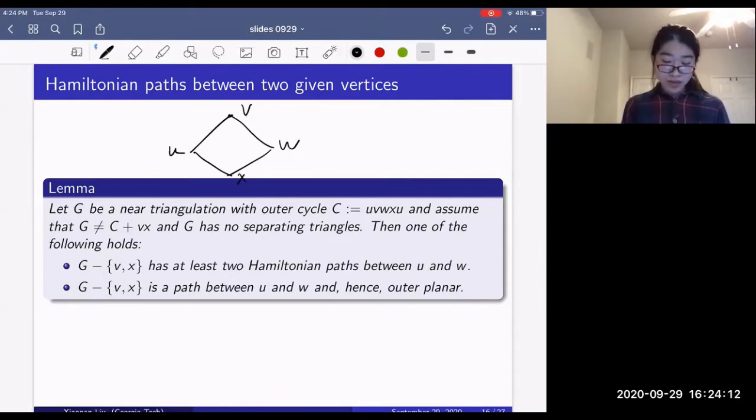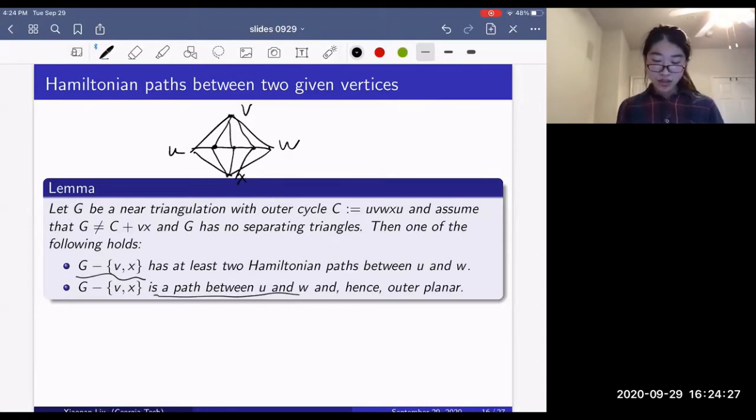Then one of the following holds: either G minus VX is just one path between U and W, or it has at least two Hamiltonian paths between U and V in G minus VX.